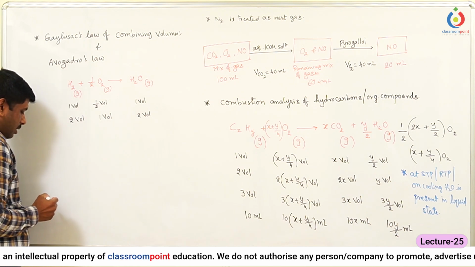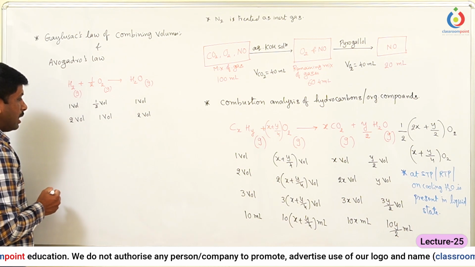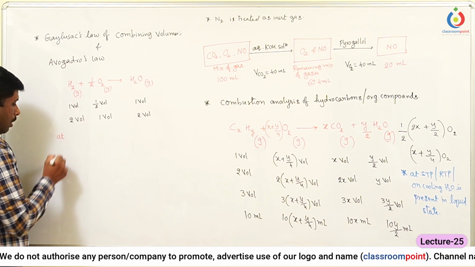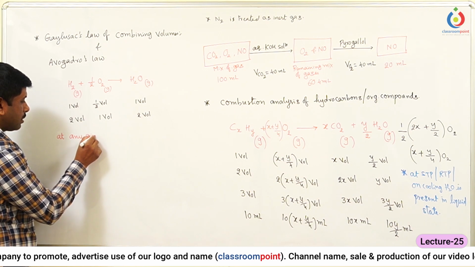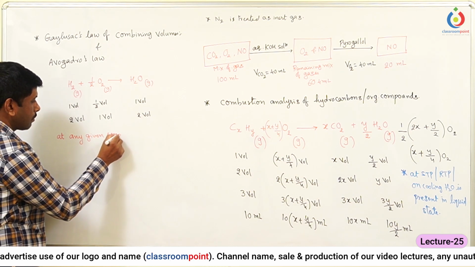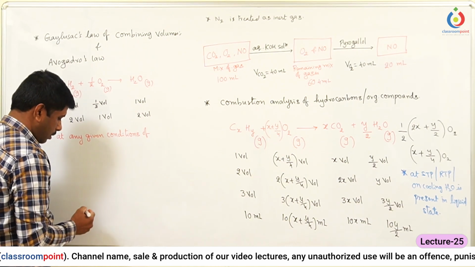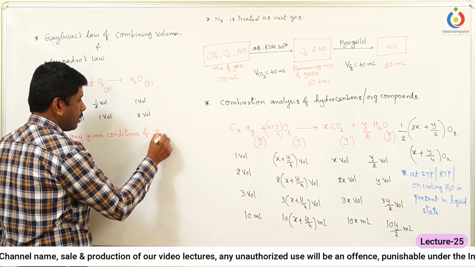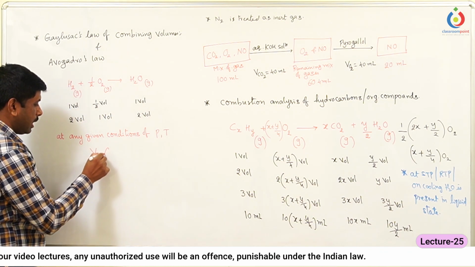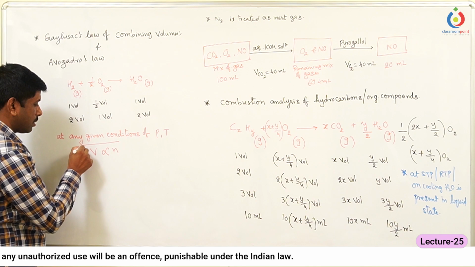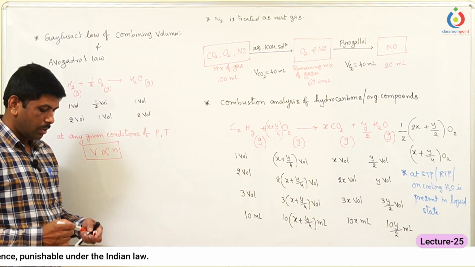Then Avogadro's law says that at STP conditions or at any given pressure and temperature, equal volumes of all the gases contain equal number of moles. So number of moles is directly proportional to the volume.